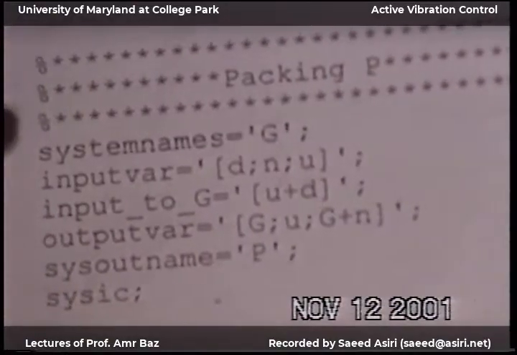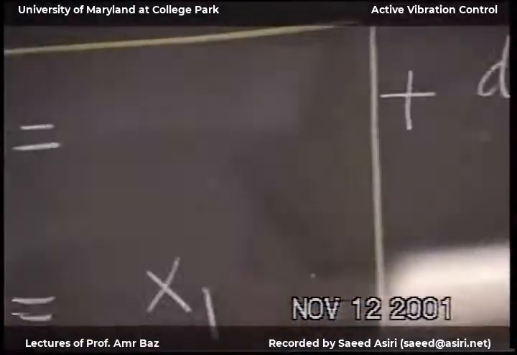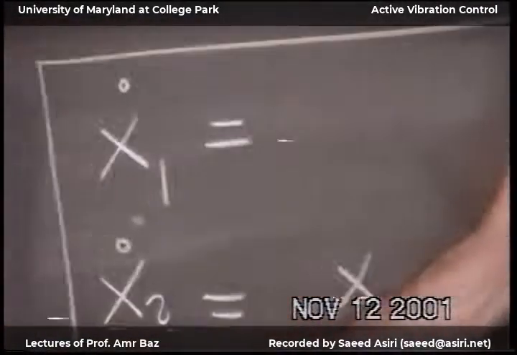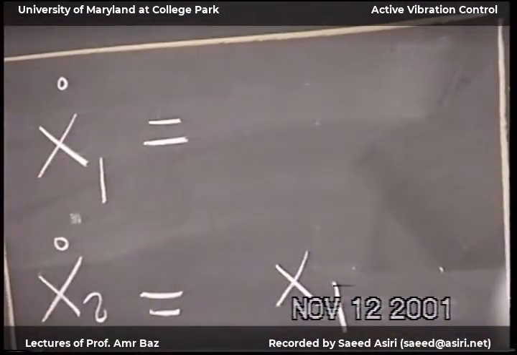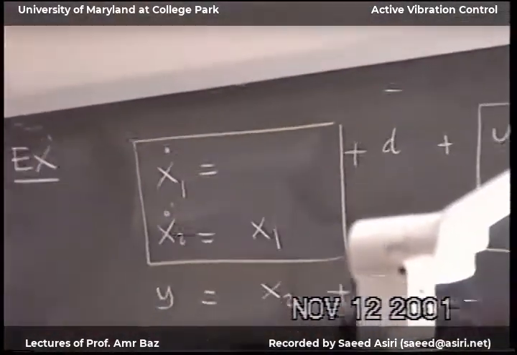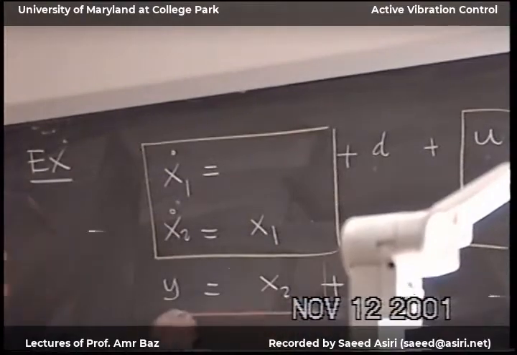This is the transfer function of the basic system without any disturbances or noise on it. Okay? And then this system has this output.